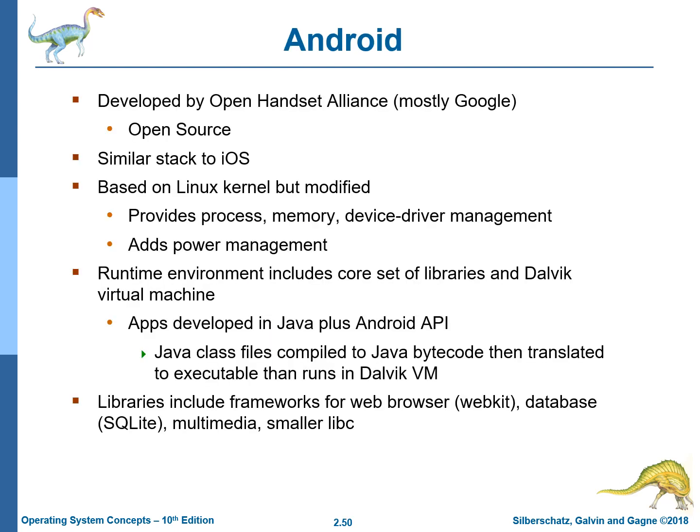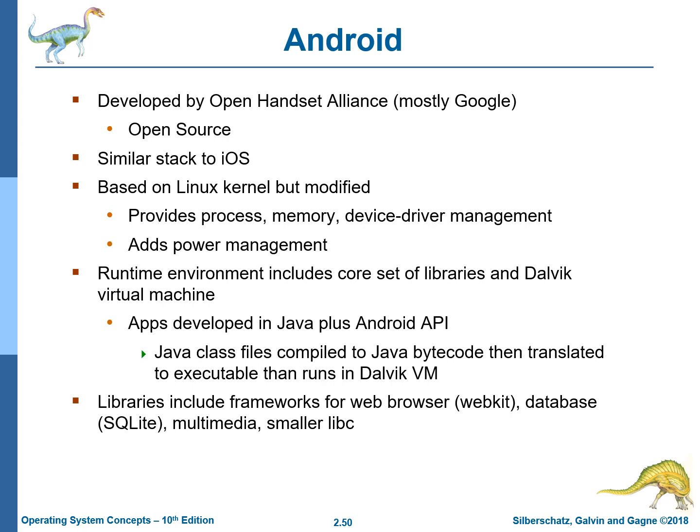For Android architecture, it is developed by the Open Handset Alliance, mostly Google, and it's open source. It has a similar stack to iOS, and it's based on the Linux kernel but modified. It provides process, memory, and device driver management, and it adds power management. The runtime environment includes a core set of libraries and the Dalvik virtual machine.